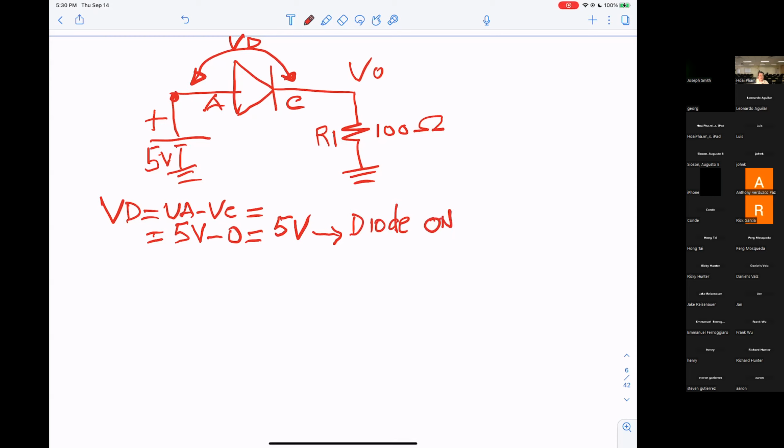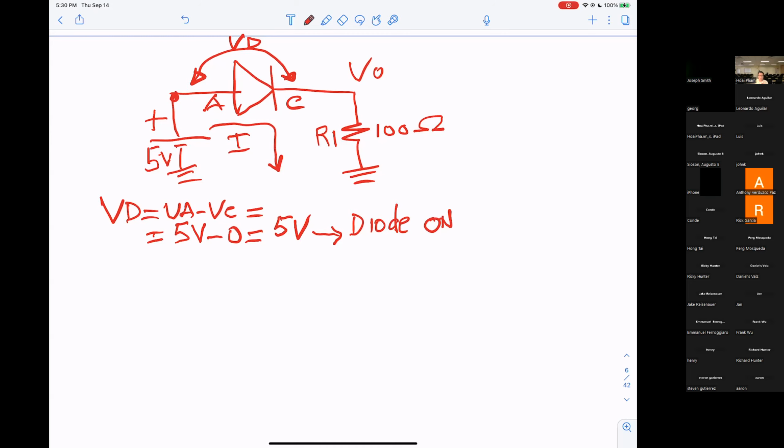That means conducting. That means they allow the current flowing here. You see that? I'm not telling you to solve the problem.